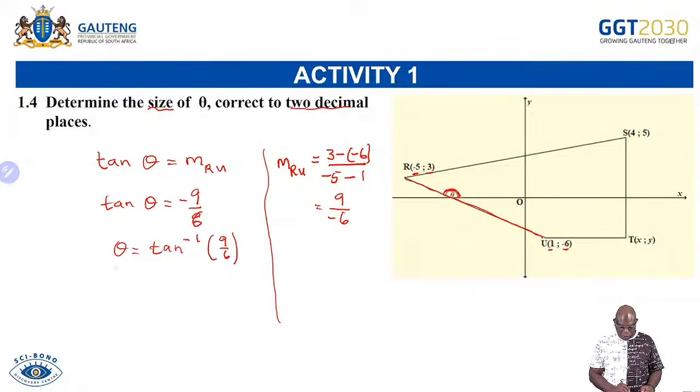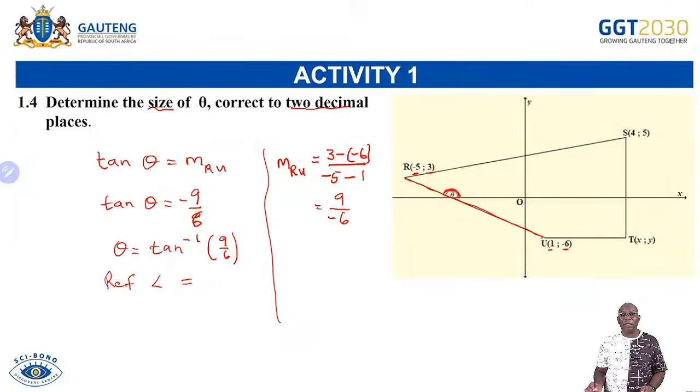Here's a good skill. Then from there, you go to your calculator and say shift tan. We can do it together now. You say shift tan, then 9 over 6. The angle that you're going to get is not theta. The angle that you're going to get is called a reference angle.